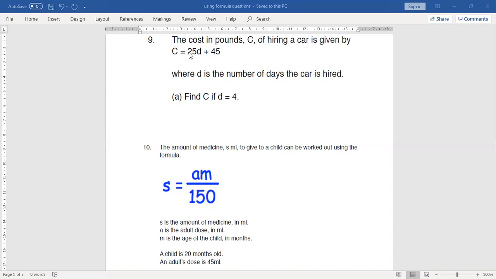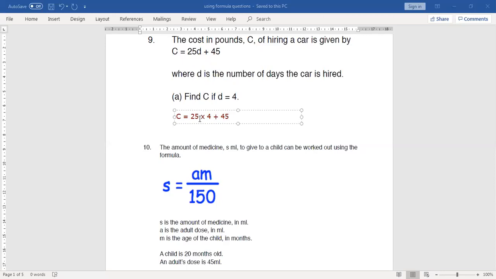Okay, so again, the key to working out this solution is to follow the formula. My formula is 25D plus 45. So I want to replace D with what it is. D is 4. So C then becomes equal to 25D, which means multiply, because things are together, D, which is 4, plus 45.